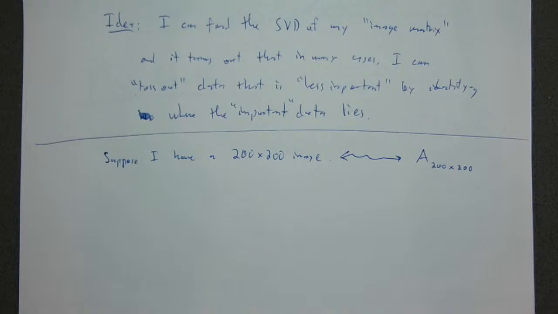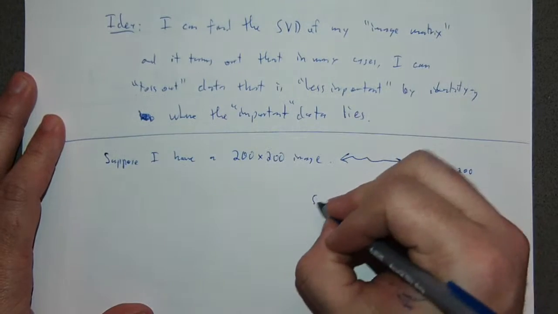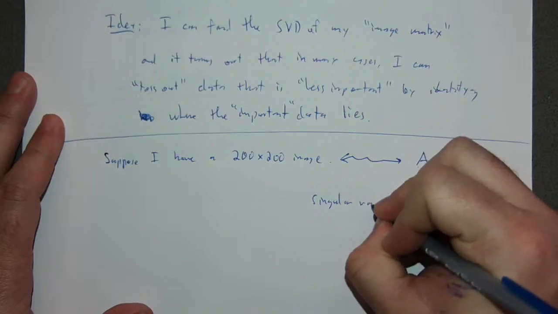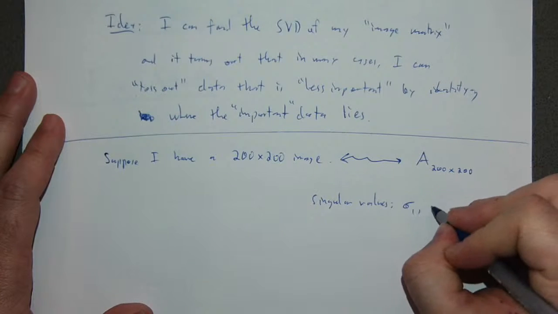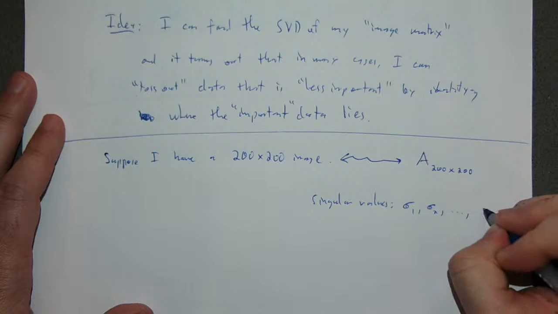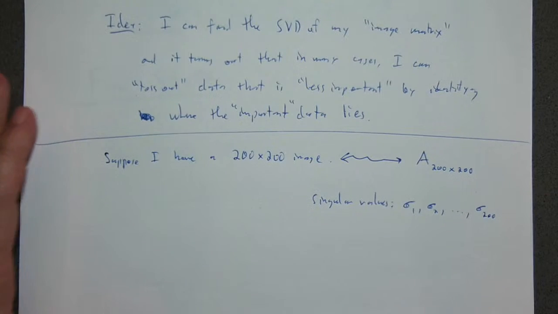And so let's suppose that I have 200 singular values. Well, let's not suppose. This is how many singular values I have for this matrix. If I listed them out, this would be sigma sub 1, sigma sub 2, and so on, all the way out to sigma sub 200.